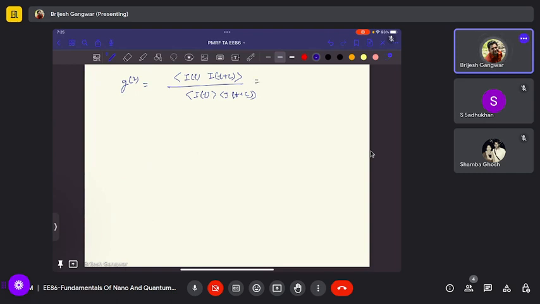See, at a single time we are saying that if a photon is emitted at time t or t plus tau. If there is a single photon, then it will be emitted either at t or at t plus tau. This tau is the time interval between emitting those two photons.